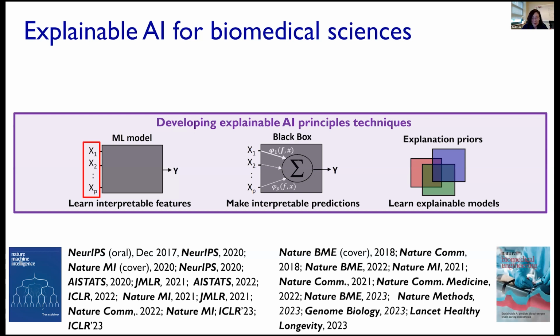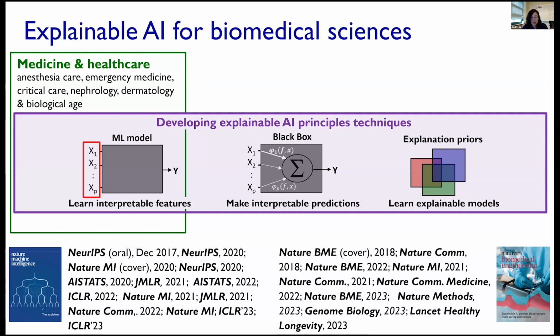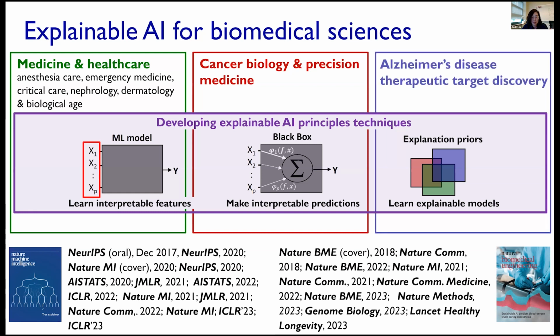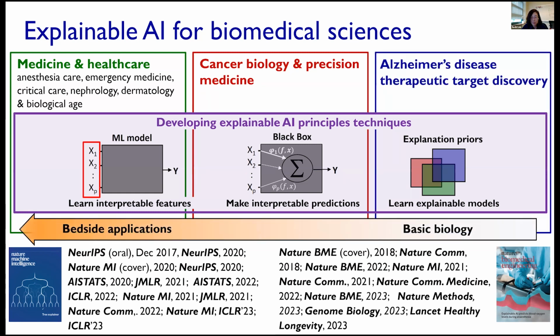I showed that these CS and AI advances enable and drive scientifically interesting questions and clinical research in clinical medicine, cancer biology, precision medicine, and also Alzheimer's disease, for which there aren't any long-term effective drugs, so we aim to understand the molecular basis of the disease.